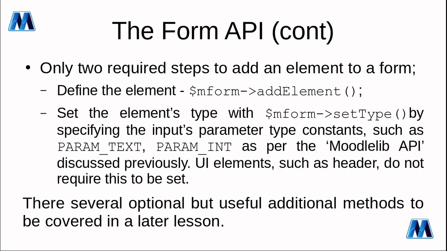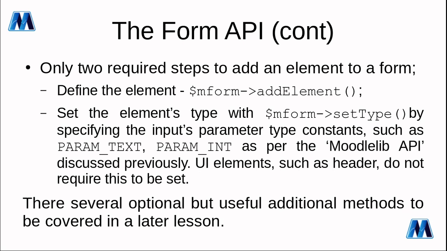So there are only really two required steps to add an element to the form. You define the element with your add element, and then we have to set the element's type. So you specify the input parameters that you expect the field to comply with.